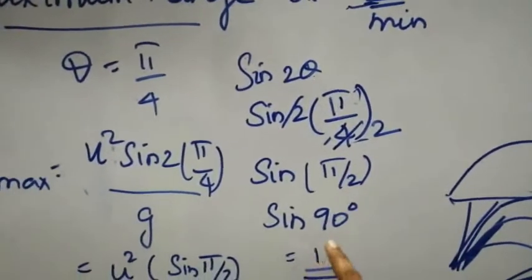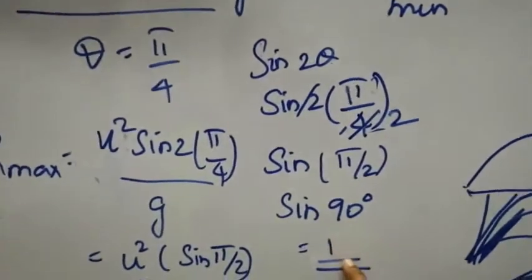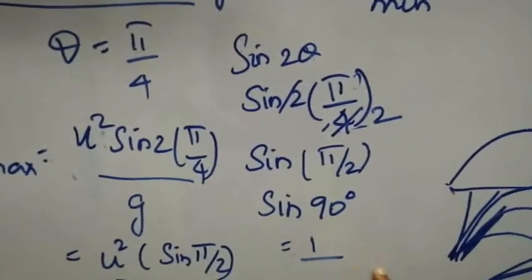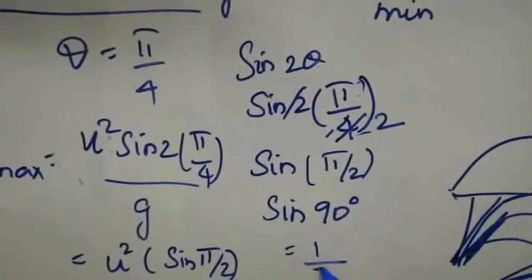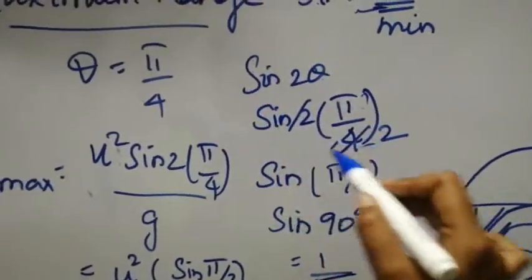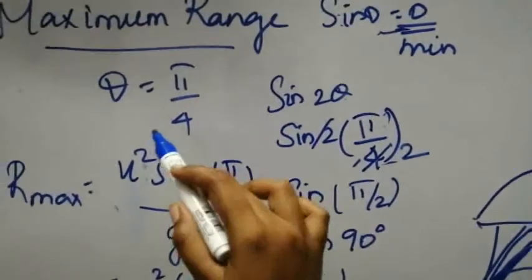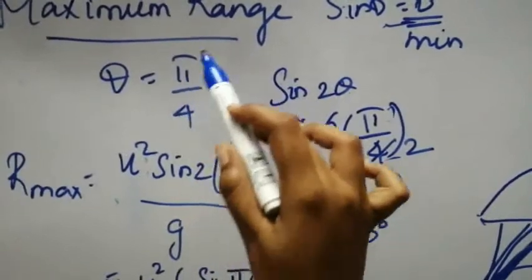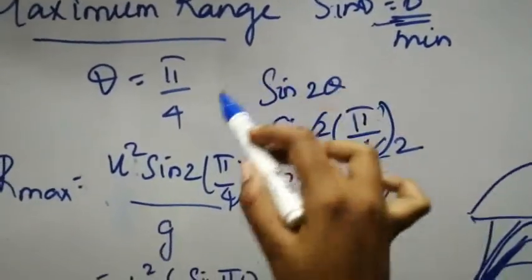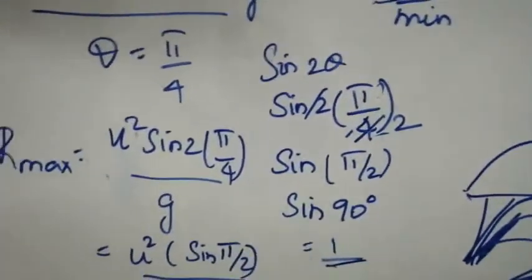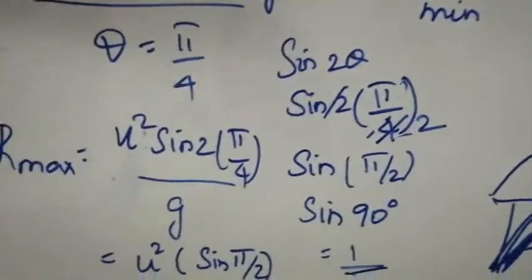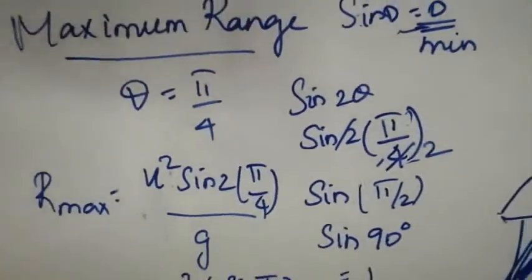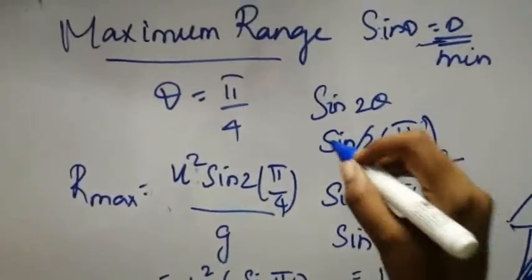Pi by 2 is nothing but 90. Sin 90 degree is 1. So always this is the maximum value. 1 is the maximum. So at what angle do we get the sine value as 1? Theta is equal to pi by 4. When you substitute theta as pi by 4, you get sin 2 theta as the maximum value 1. So at this angle only, you will get the maximum range, that is for 45 degree.